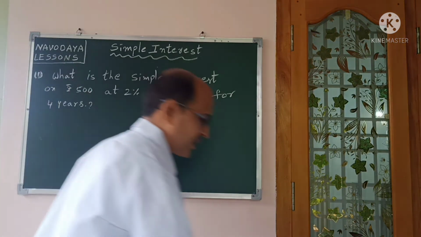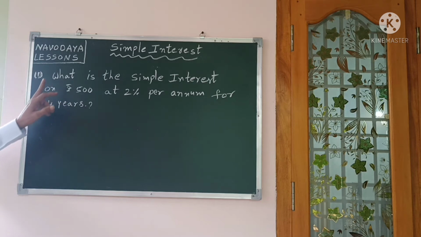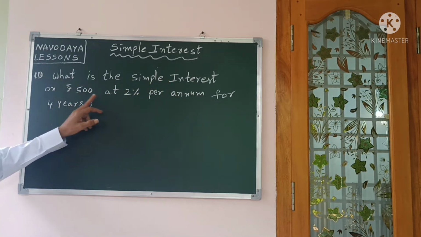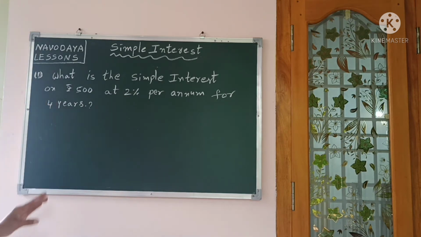This is the basic question. Now I will read it once. What is the simple interest on rupees 500 at 2% per annum for 4 years?